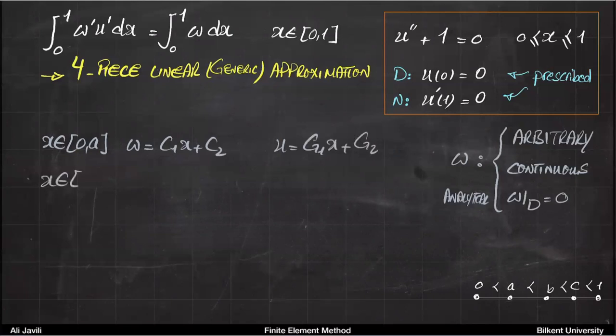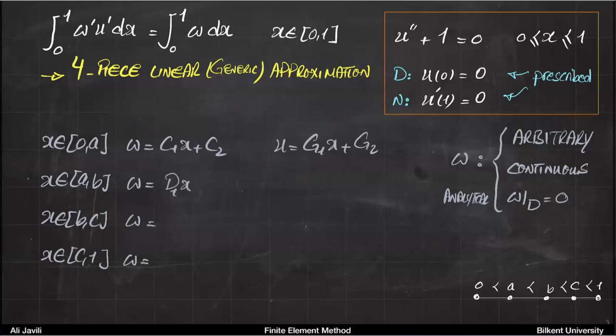Then you do the second piece between A and B. X is between B and C. X is between C and 1. Each of these pieces is just a very simple linear piece.